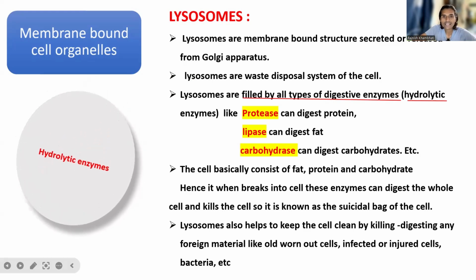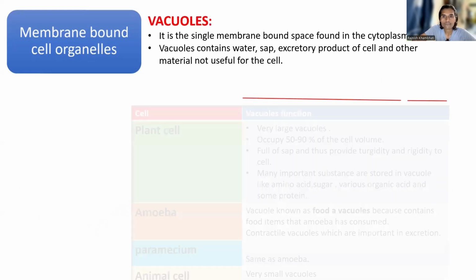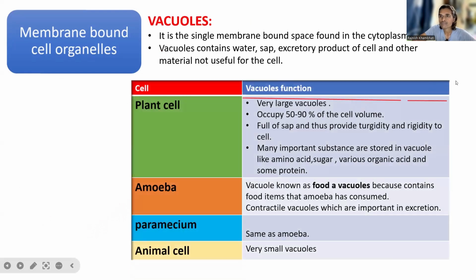I hope that lysosomes are clear. Okay, the next membrane-bound organelle is the vacuole. Vacuole is single membrane bound. What is a vacuole?